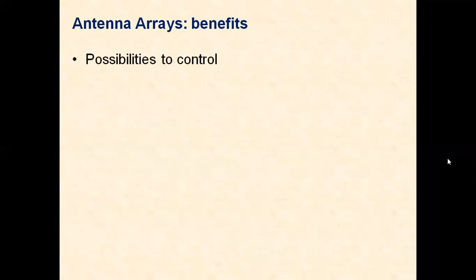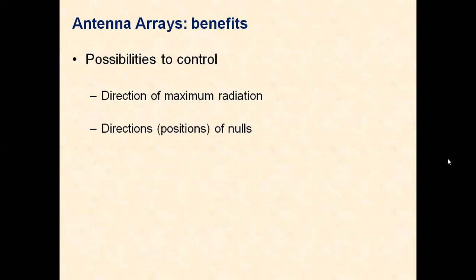The benefits: we have the possibility to control the direction of the maximum radiation. We can increase the maximum radiation in a particular direction. We can position the direction of the nulls. Nulls are the minimum energy points. The beam width of an antenna can be controlled.